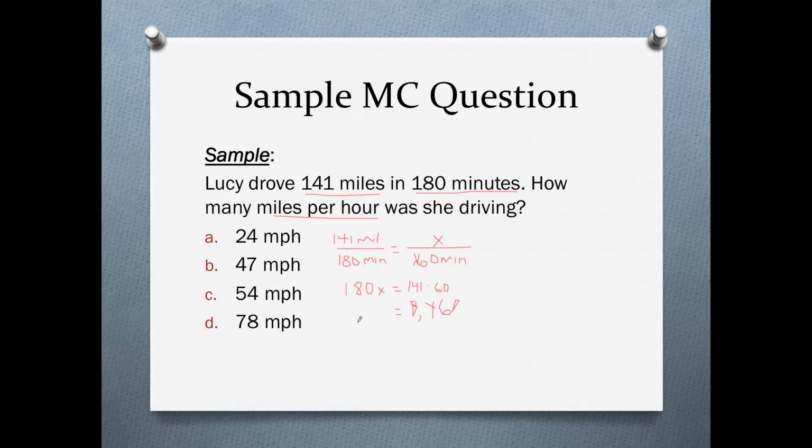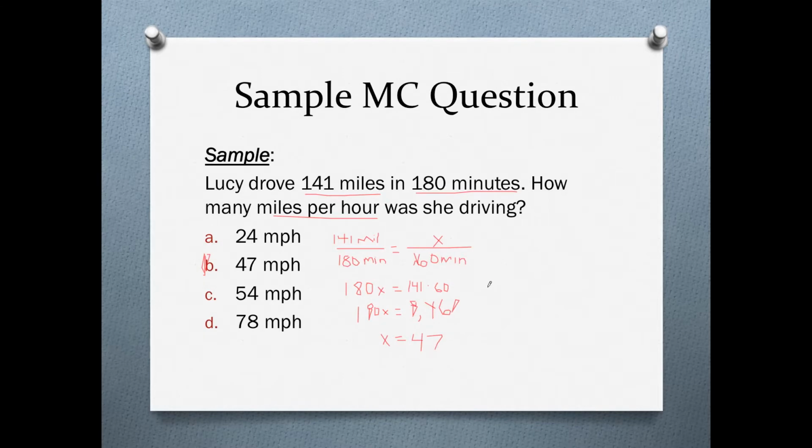And then you just set that equal to 180x. And then it's just a simple one-step equation. You divide both sides by 180, and you're left with x equals 47. So since that's one of my answer choices, I'm lucky. If I got a different answer, then maybe I did something wrong. So that should be my answer.